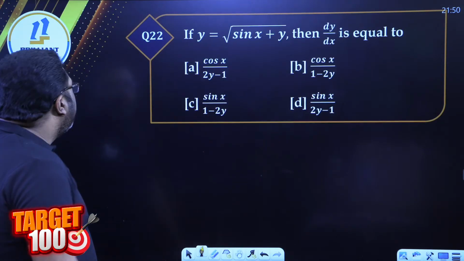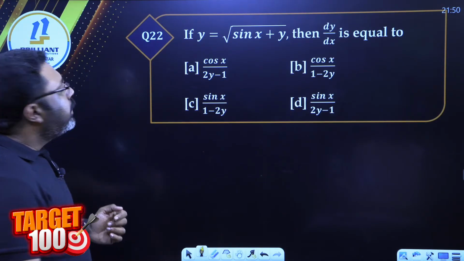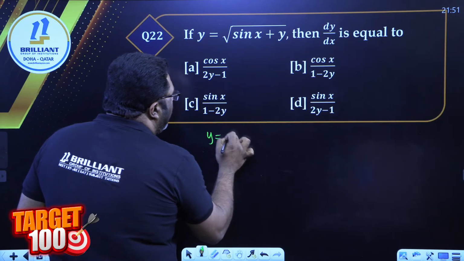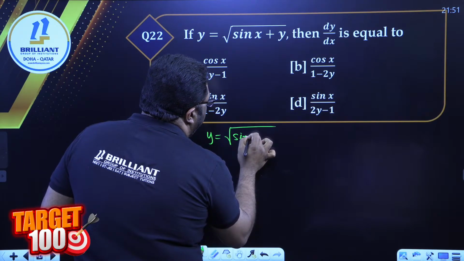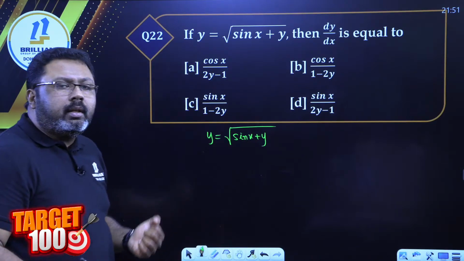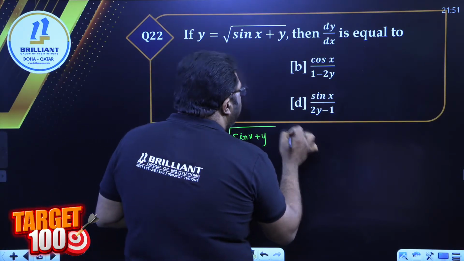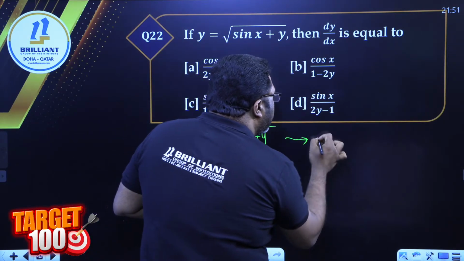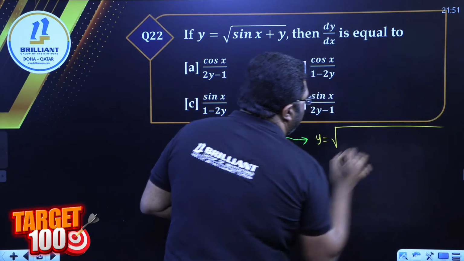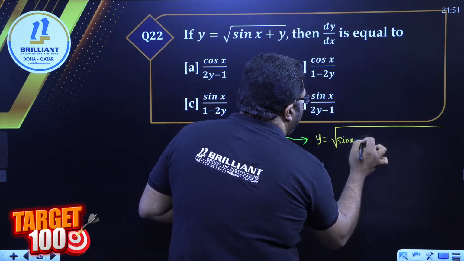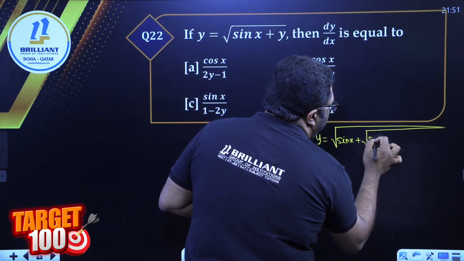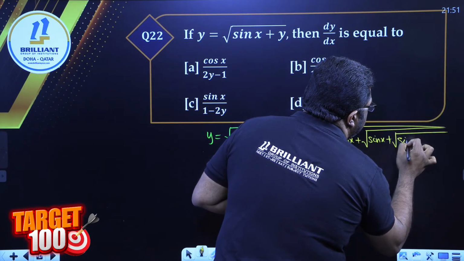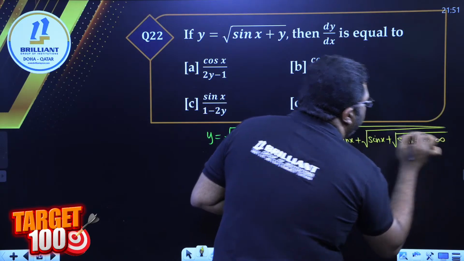Okay? Moving forward, y is equal to square root of sin x plus y. Before starting to answer this question, the actual form of this expression is not this. It's actually looking like this: root of sin x plus root of sin x plus root of sin x plus, goes up to infinity.